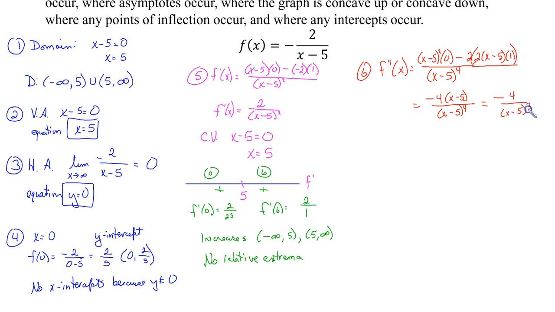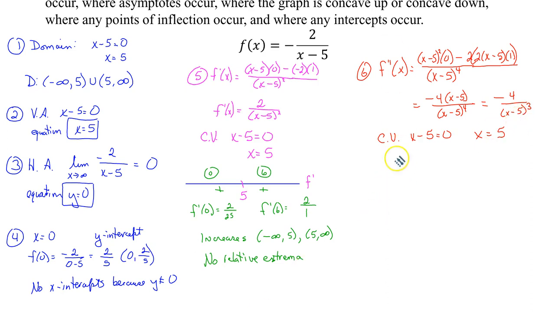So I am going to have some changes in this because this is going to be negative and this is going to change. So critical value, same critical value, we still set the denominator equal to 0 because that is going to give us where we have possible changes at x is equal to 5. Once again, we can't make the derivative 0, but we can make it undefined.